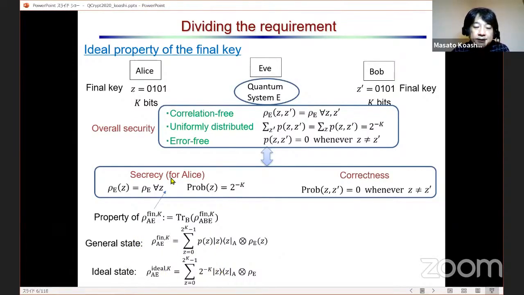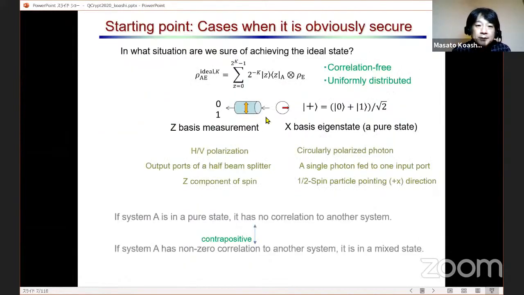This is the secrecy condition, and the correctness is just this condition here. If the 2 conditions are met, then the overall security is satisfied. The starting point of the phase error approach is considering in what situation we are sure of achieving this ideal state between Alice's key and the eavesdropper's quantum system.